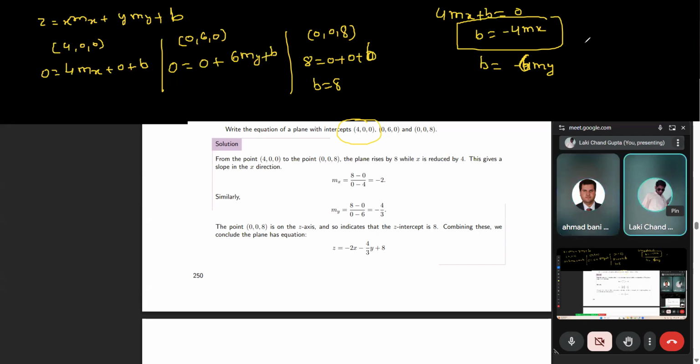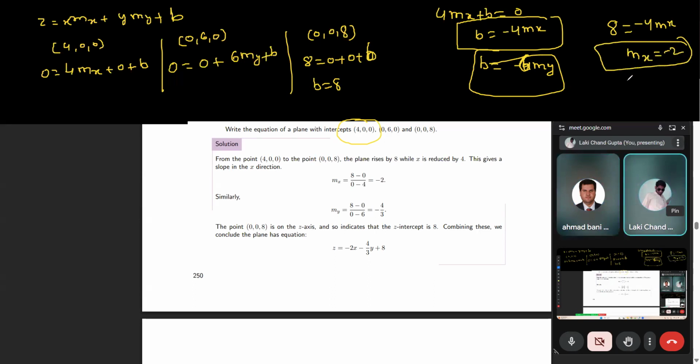If B is 8, then mx will be minus 2. Right? If B is 8, My will be minus 4 over 3.